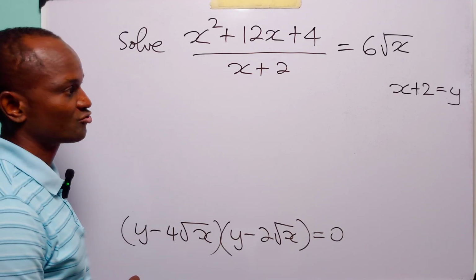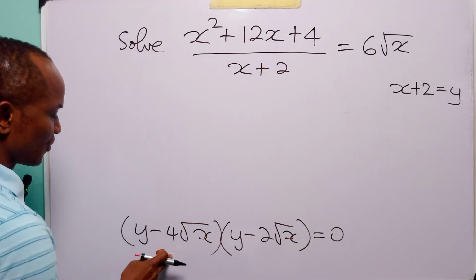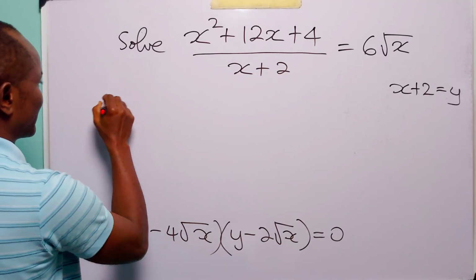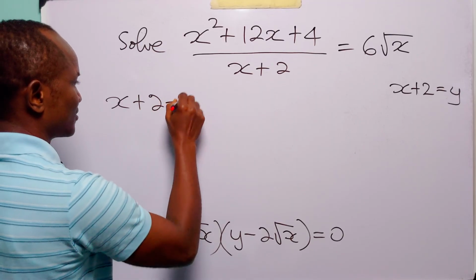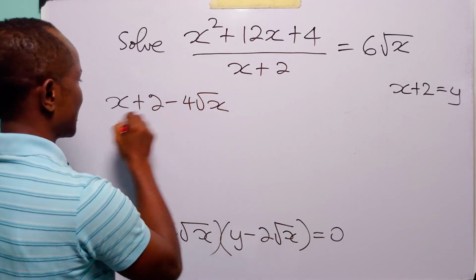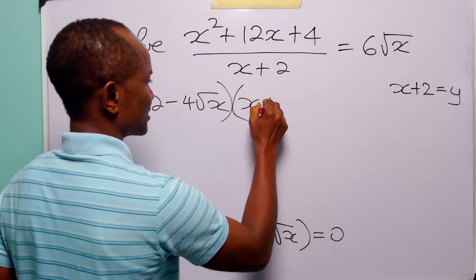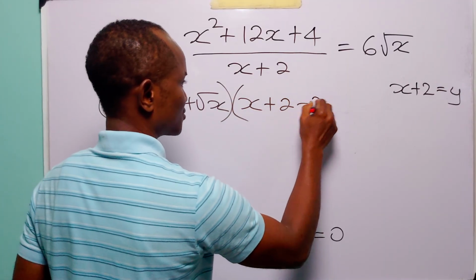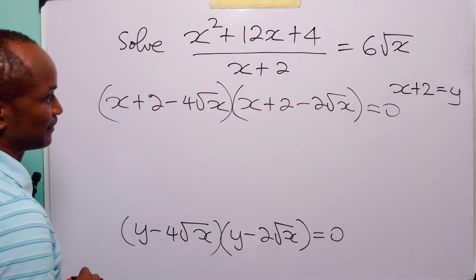Now, at this point, let us remember that y is equal to x plus 2. So we have that from here, x plus 2 minus 4 root x multiplied by x plus 2 minus 2 root x is equal to 0.